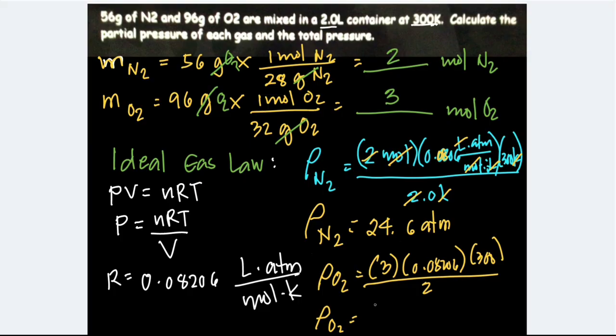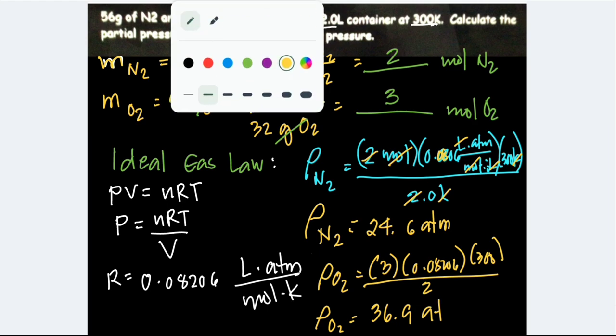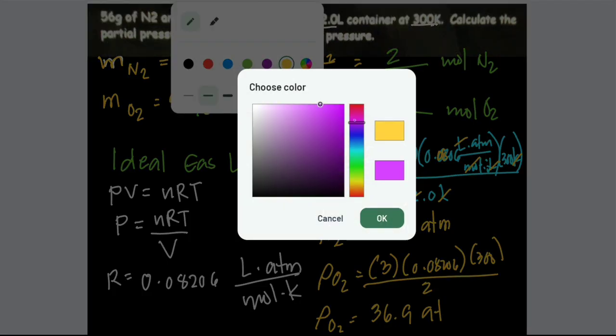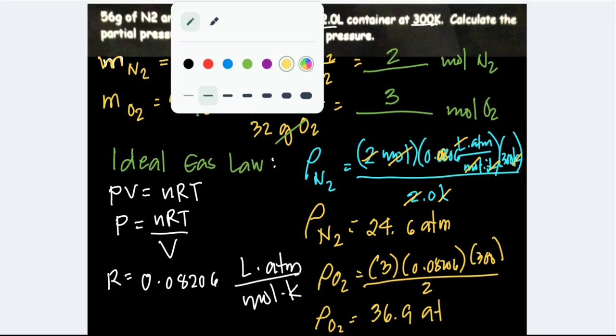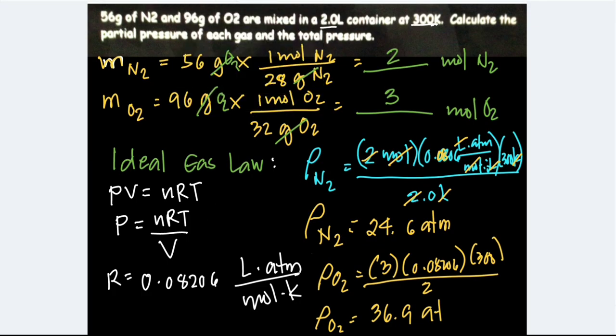Okay, so this is 36.9 atm. Those are the partial pressures of each of the gases, and now we can solve for the total pressure. Total pressure is equal to 24.6 plus 36.9.